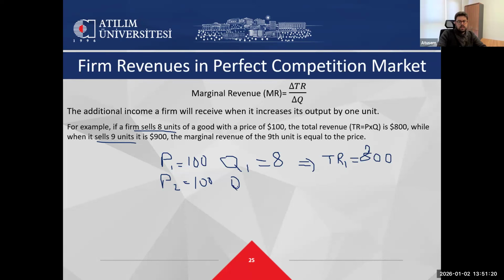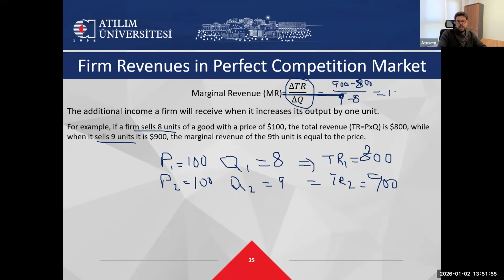This time quantity is 9, so total revenue is 900. Then we are able to find the marginal revenue: 900 minus 800, divided by 9 minus 8.